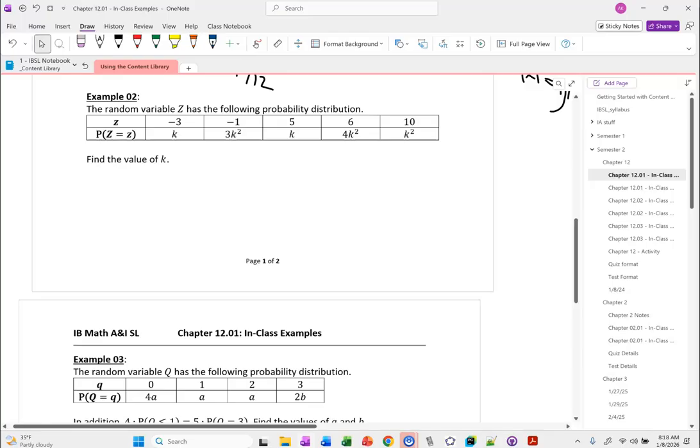The random variable Z has the following probability distribution. Find the value for k. What's the key given piece of information there? So we have a probability distribution. What does that mean?